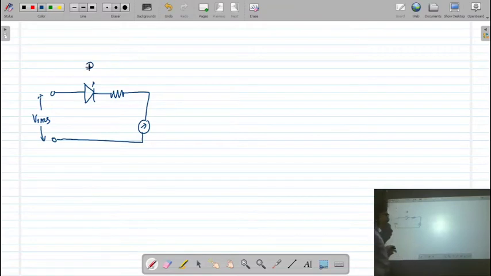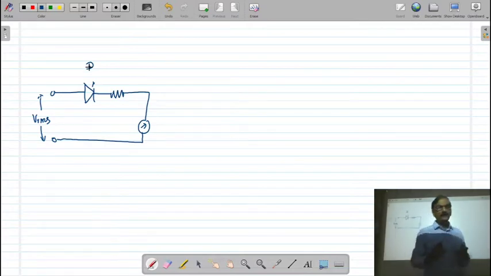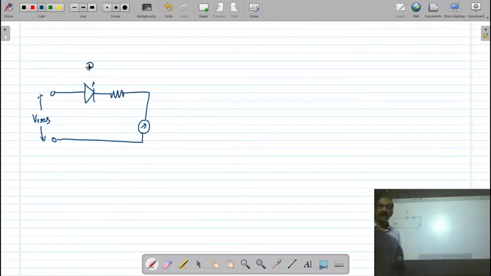Now, one thing, that this diode is not an ideal diode. If you have the ideal diode, then what will happen? Its forward bias resistance will always be 0, and the reverse bias resistance is always infinite. But the practical diode, when the diode is in forward bias, it has a forward bias resistance RD. Here my multiplier resistance RS is there. So in this case, we have to write the formula by considering the forward bias resistance.